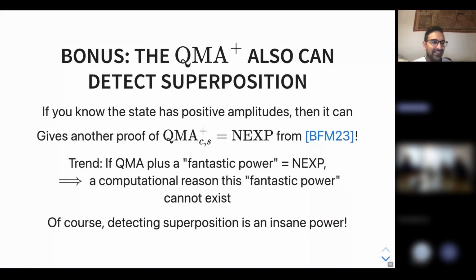I don't want anyone to go away thinking, oh, now we can detect superposition or something like this. This is really a probe from a complexity perspective of adding fancy powers to your complexity class and seeing what would happen. And sometimes you have a lot of extra power that comes from it.